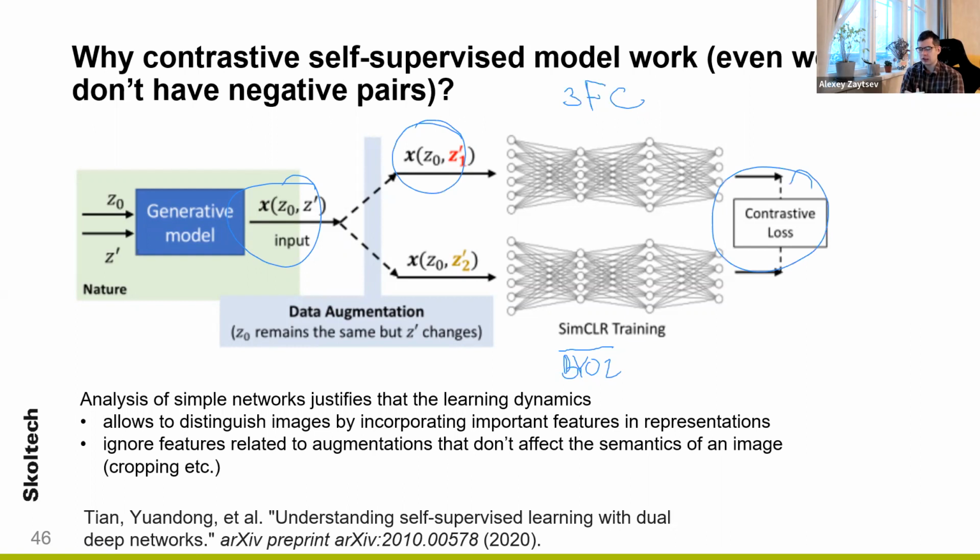We can learn these features related to augmentations, and we have this disentanglement. So we can say that we do learn something meaningful when we train this contrastive loss, and the training dynamics lead us to something good in this case.